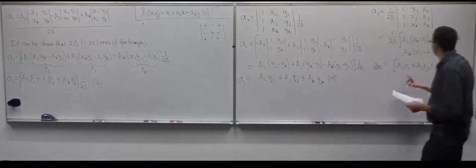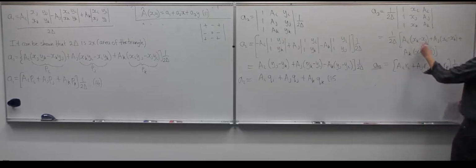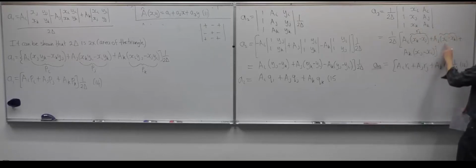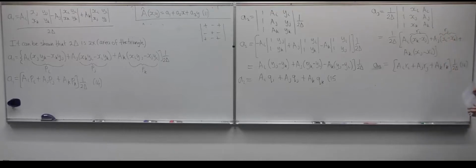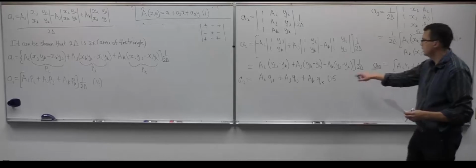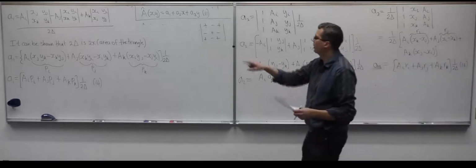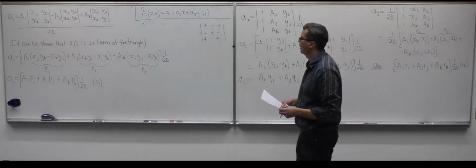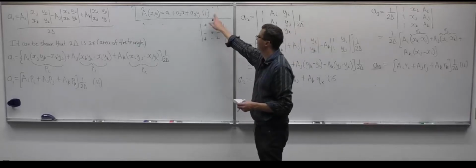So Ri is equal to xk minus xj, and Rj is equal to xi minus xk, and so on. Okay, so now we have determined what A3, A2, and A1 are, and then our trial function is given by 11.